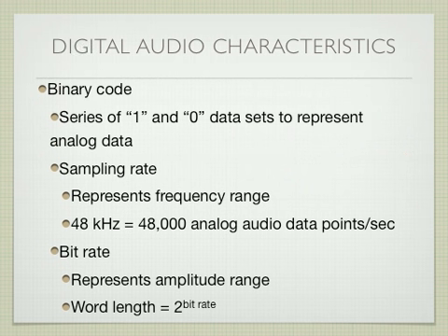Basically, the larger the word length, the larger the amplitude range, or dynamic range. A simple formula is that the word length is 2 to the power of the bit rate. So a 16-bit audio file has 2 to the 16 audio data points in terms of amplitude.